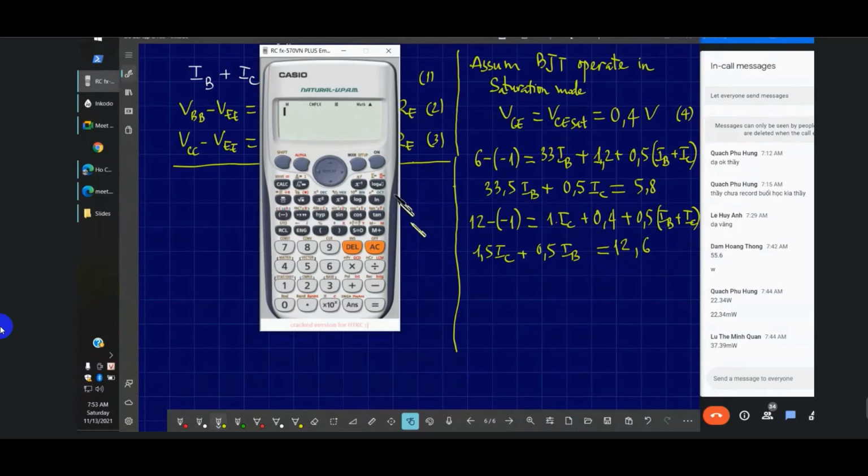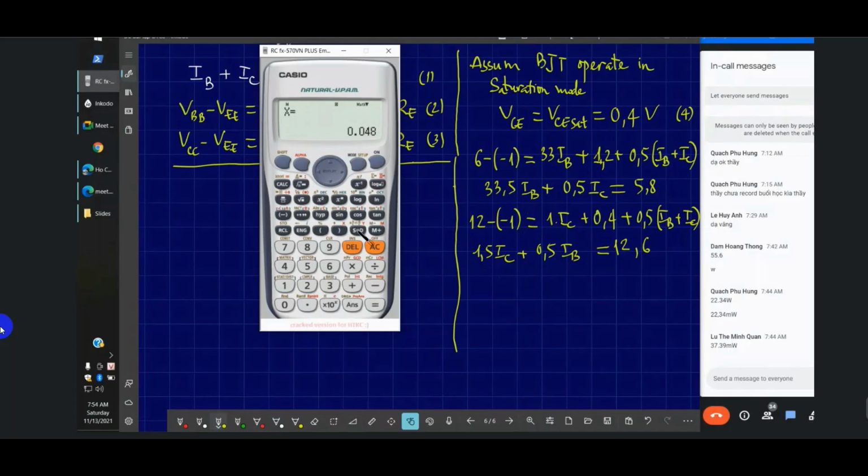I open my calculator and put the parameters in: 33.5, 0.5, and 5.8, then 1.5. No, remember the IB is the first column, so I got the wrong one. 0.5, 1.5 and 12.6. Double check, and you got the result.